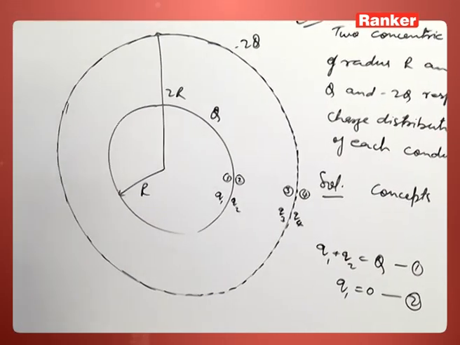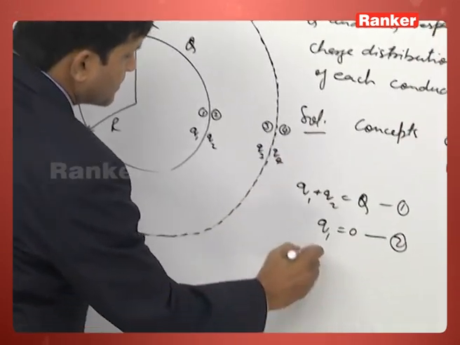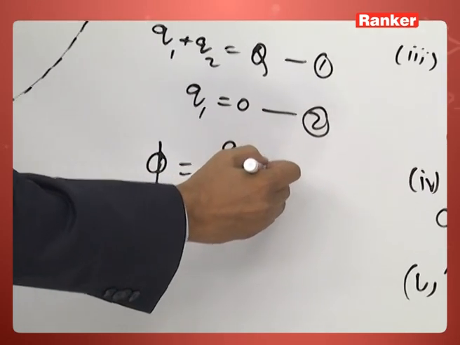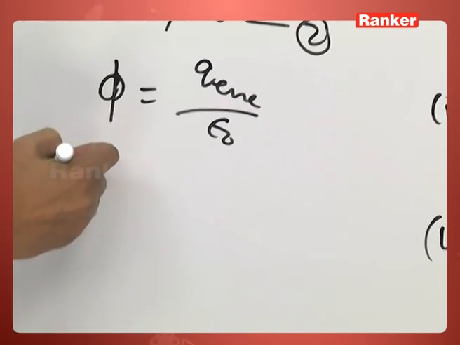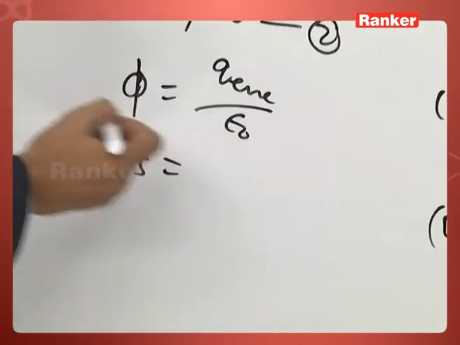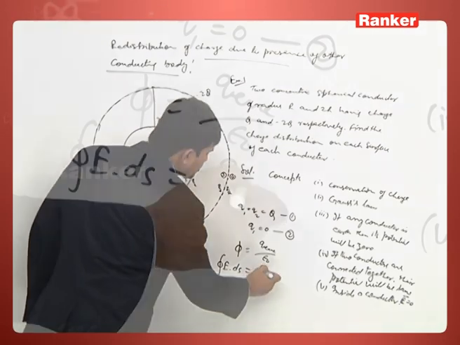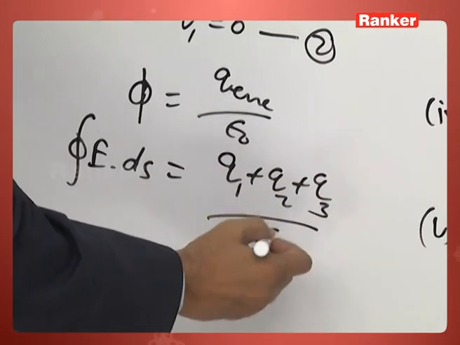So then we can write flux is equal to charge enclosed by epsilon naught, and flux means here electric field into ds, and charge enclosed Q1 plus Q2 plus Q3 by epsilon naught.